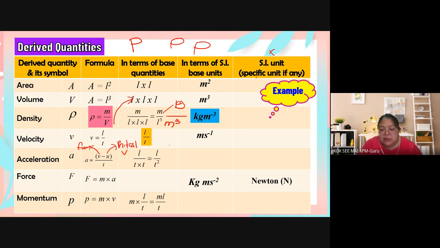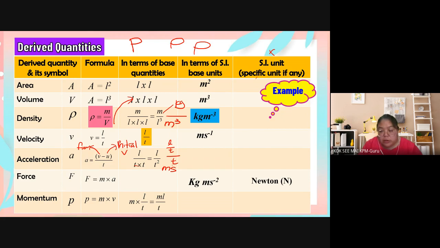So L over T, then divided by T. So v minus u is L over T divided by one more T. So this T, when brought down, becomes T times T, L over T times T, equals L over T square. So the unit should be, sorry, this one is L, L over T square. L is length, so it should be meter. T is second.